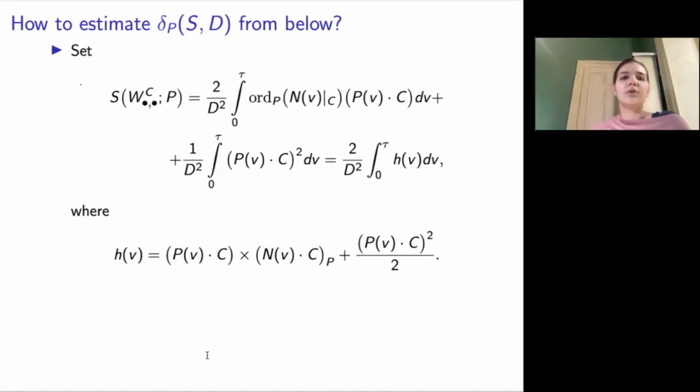We are also interested in how to estimate our local delta from below. We get this estimation from Abban-Zhuang theory, which was mentioned earlier. So we compute this S_W integral, which is defined similar as before. Only here we'll have 2 over our divisor D, which was defined earlier, and we only need to know the negative and positive part of the Zariski decomposition.